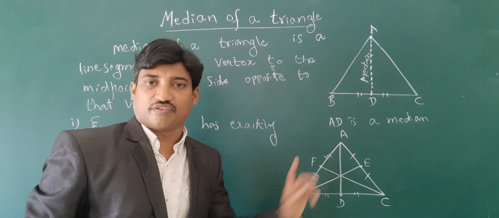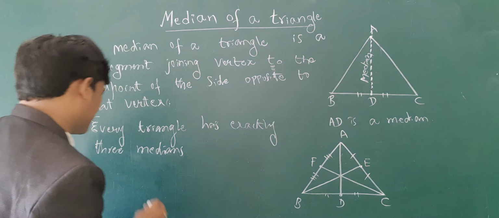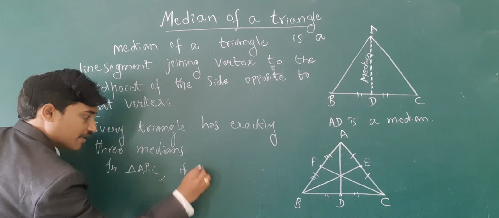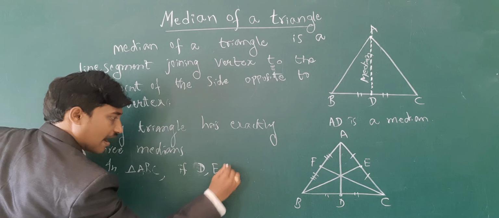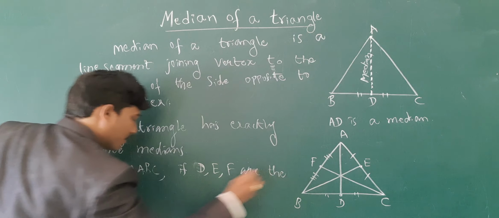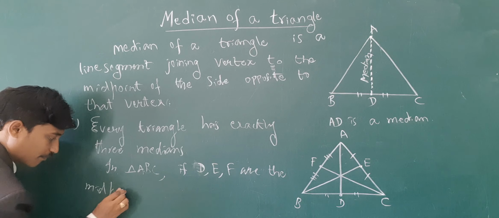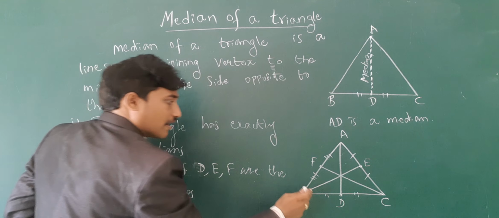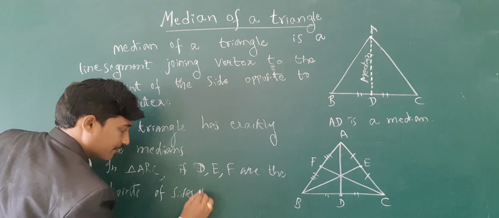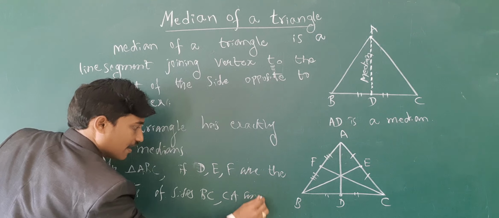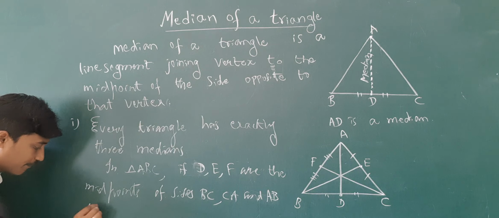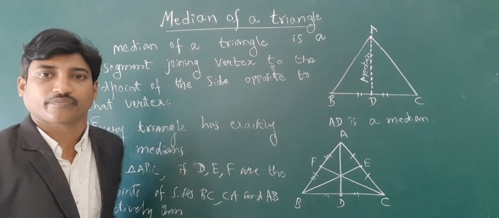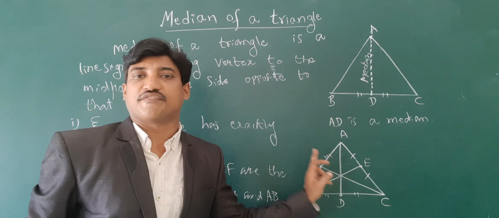Here, if D, E, F are the midpoints of sides BC, CA and AB respectively in triangle ABC, then AD, BE and CF are the medians.